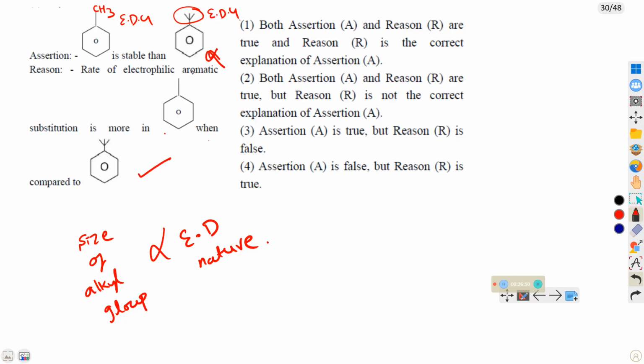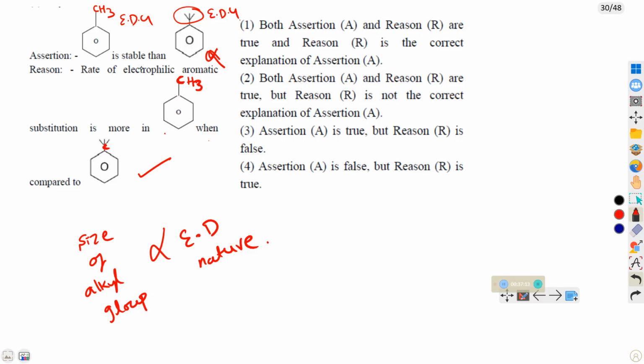Correct. Why? In toluene, this is the benzyl carbon. The benzyl carbon contains 3 hydrogen atoms. Here the benzyl carbon does not contain hydrogen atoms. Alpha hydrogen atoms are present, more stable. Alpha hydrogen atoms are absent, not stable.